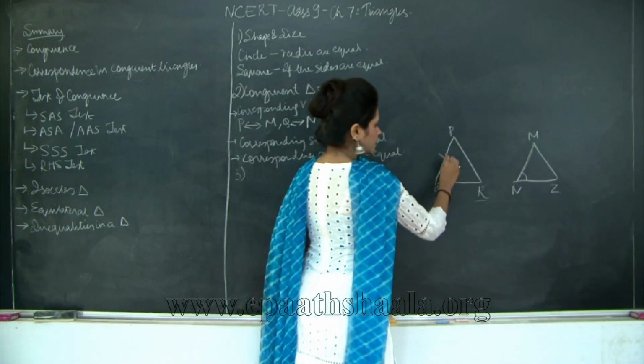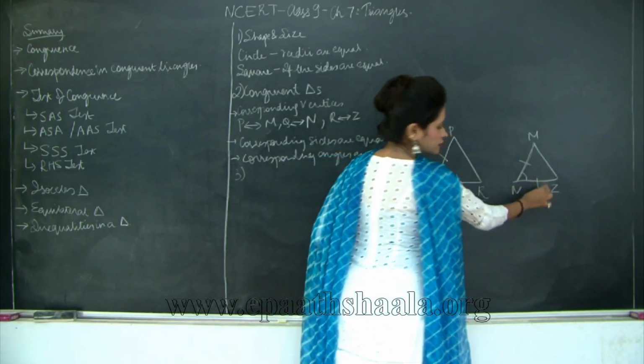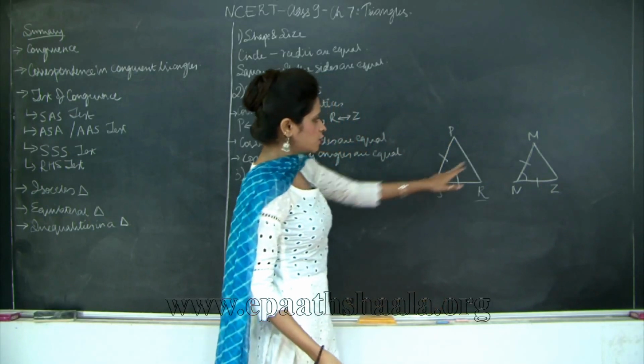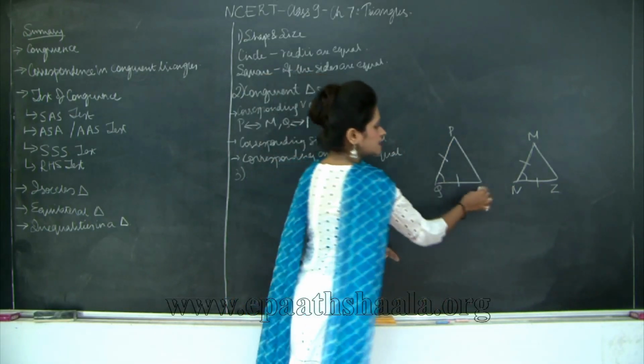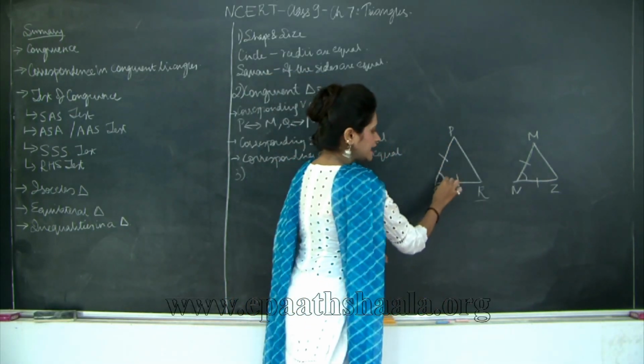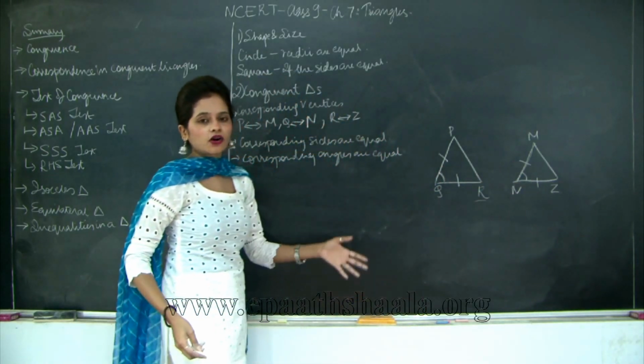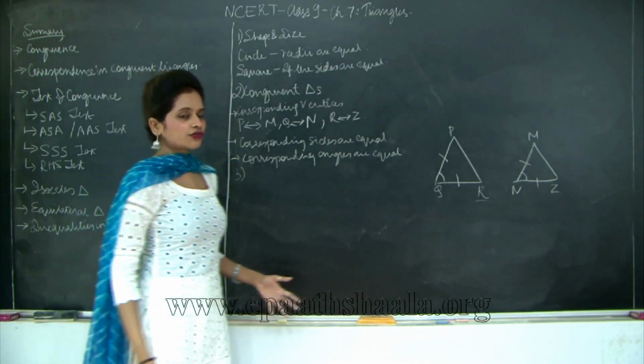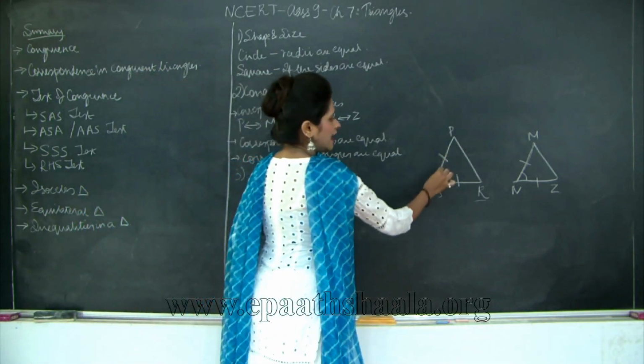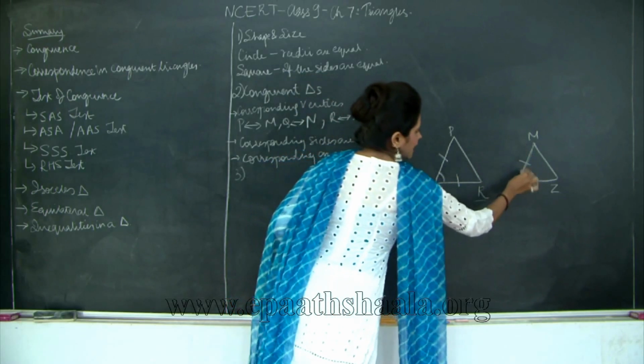That any two corresponding sides are equal to each other, that means PQ is equal to MN and QR is equal to NZ, and the angle in between them is congruent to each other, then we can say that the two triangles are congruent by the side angle side test of congruence, which means side, angle and side.